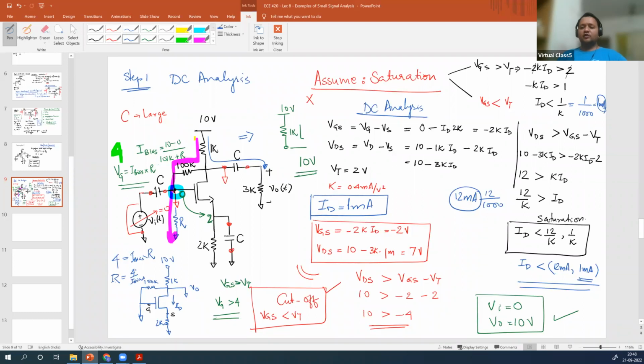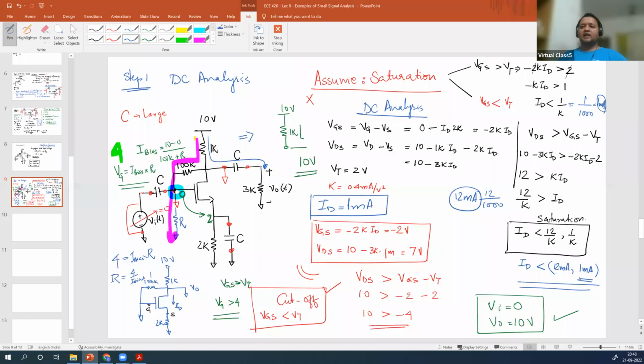So even if you want to get 4 volt, if your I bias is 1 milliampere, your R will become 4K. So 4K, 101K plus 4K is approximately very similar to 101K.